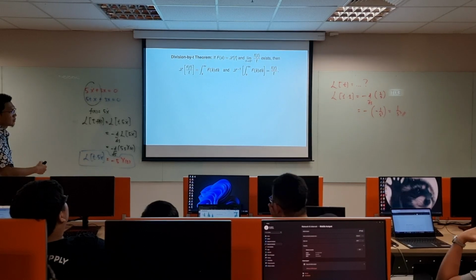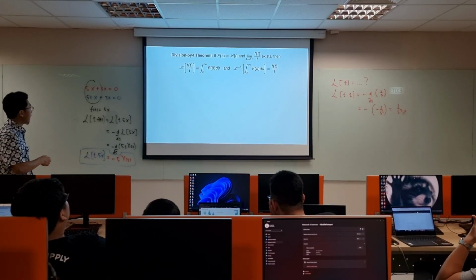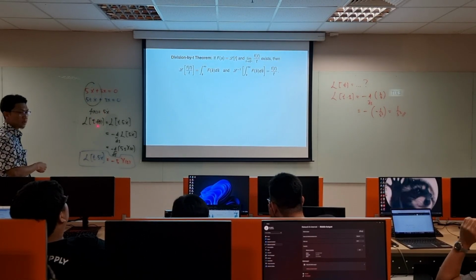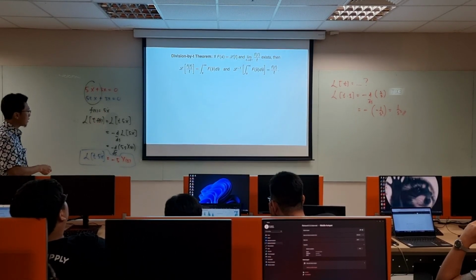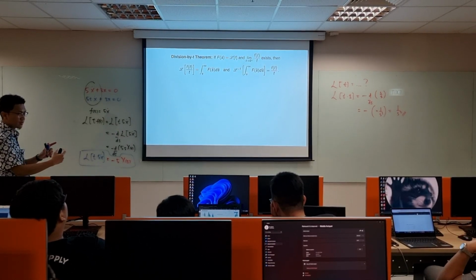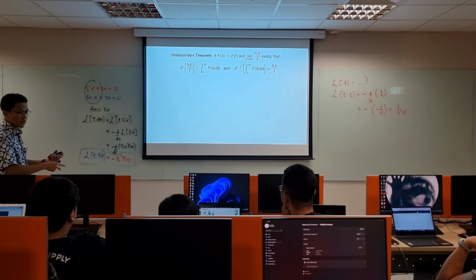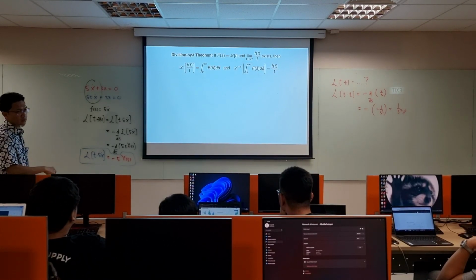So see the difference? If you have f(t) times t, the Laplace transform is you differentiate the original F(s). However, if you have f(t) divided by t, you integrate the original F(s).